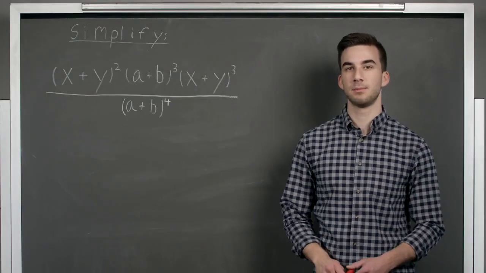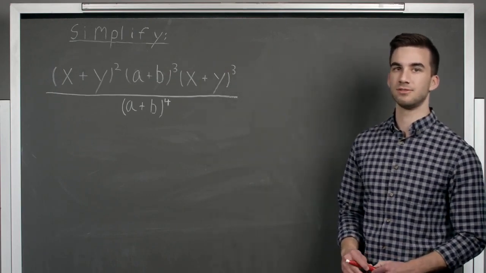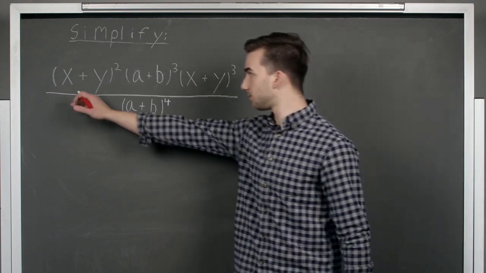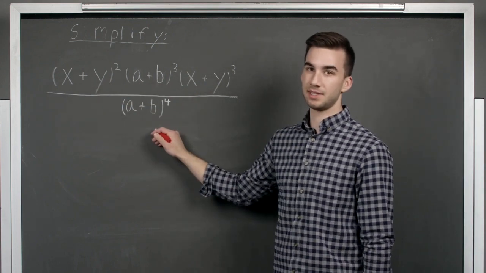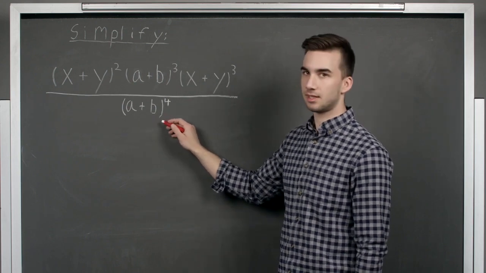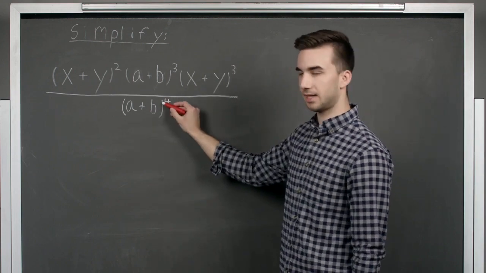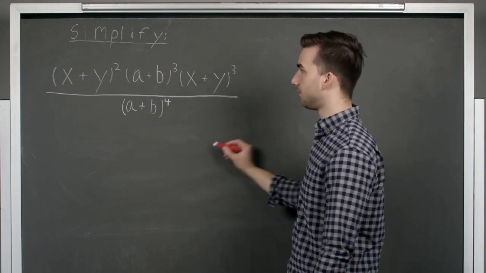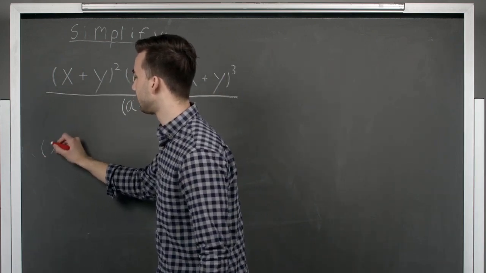In this example, we are going to multiply the parentheses just like normal variables. We have (x + y) and (a + b), and we can combine them with one exponent. So let's start by bringing this above the fraction bar. This exponent would just become negative, and that'll make it easier for us to multiply.